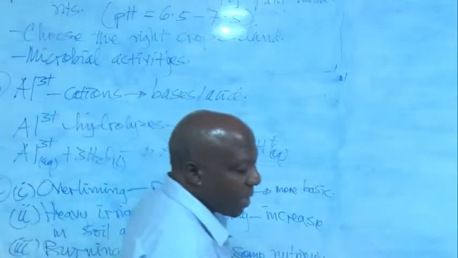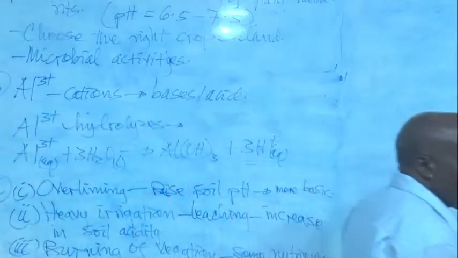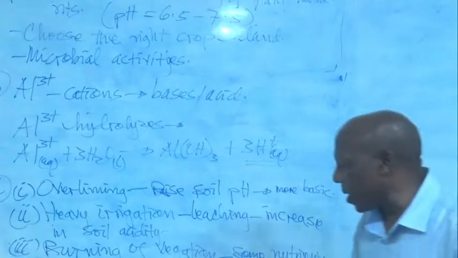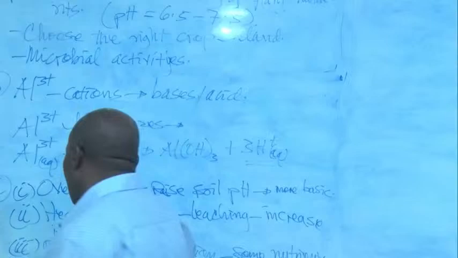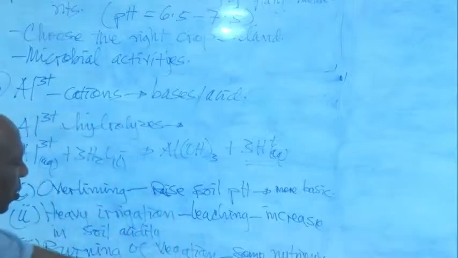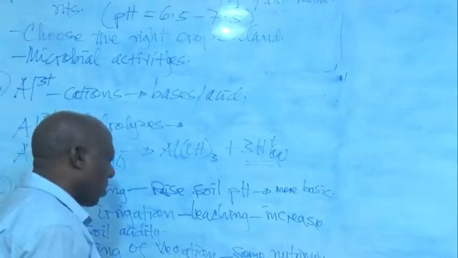For example, phosphorus or nitrogen can be taken away as oxides of these elements and will be lost. So it means soil will lose some of its nutrients. Also, this can destroy useful microorganisms, like decomposers.